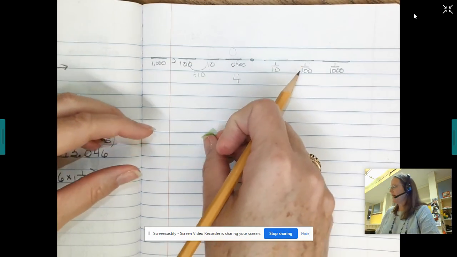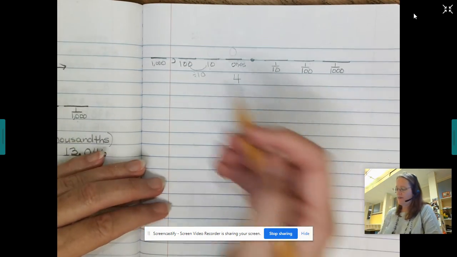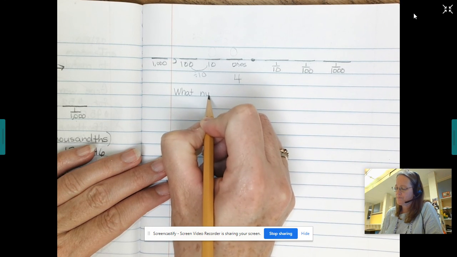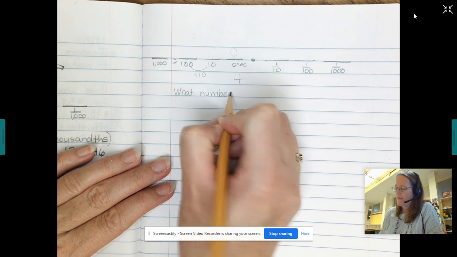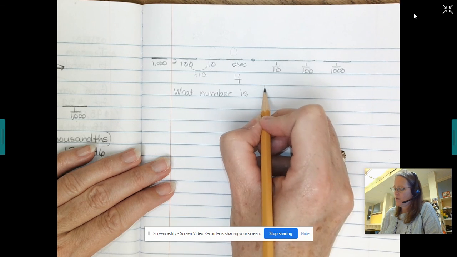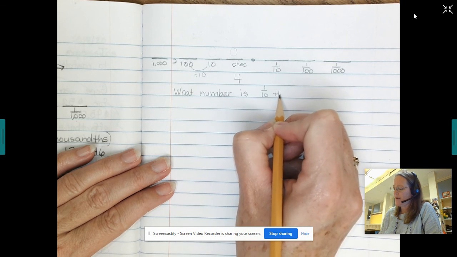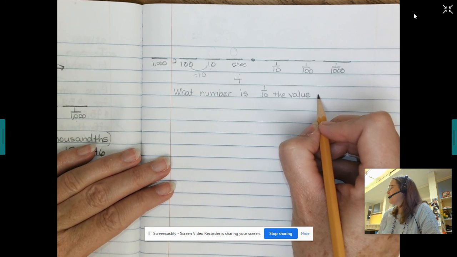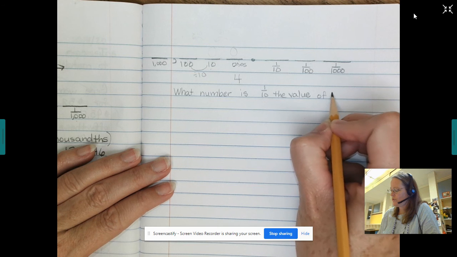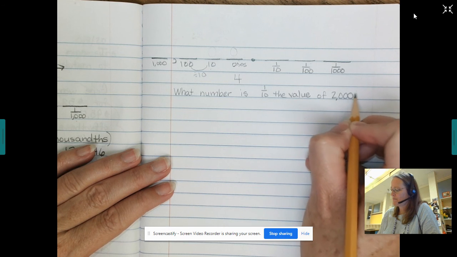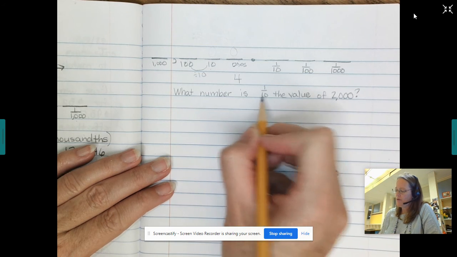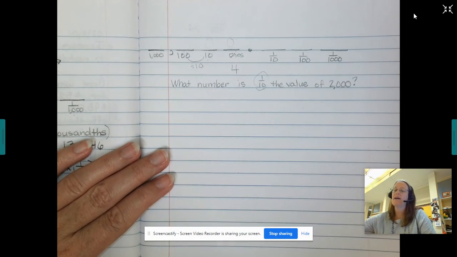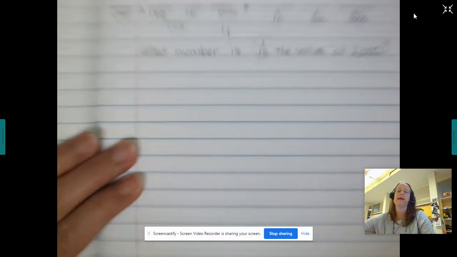So take a look at this. If I asked you what number is 1/10 the value of 2000, I'm looking for a number that is smaller or divided by 10.